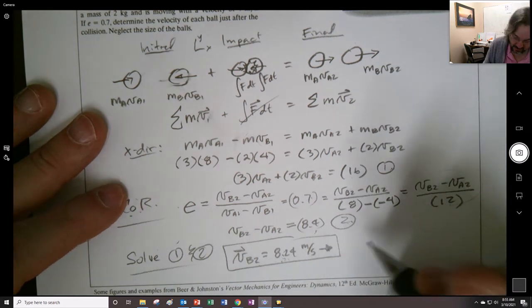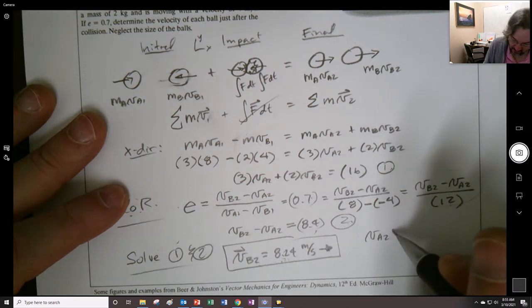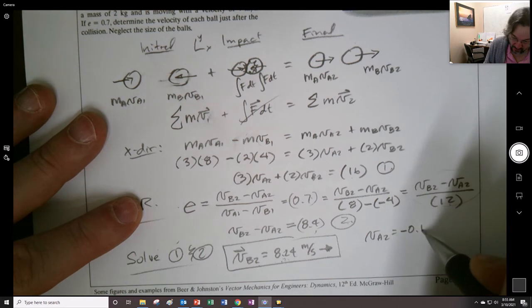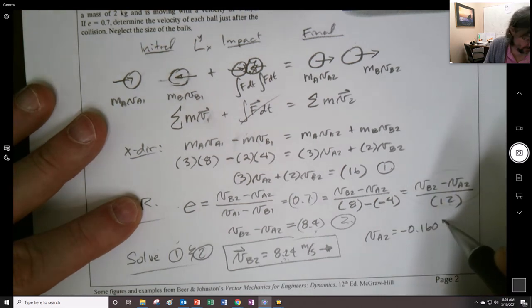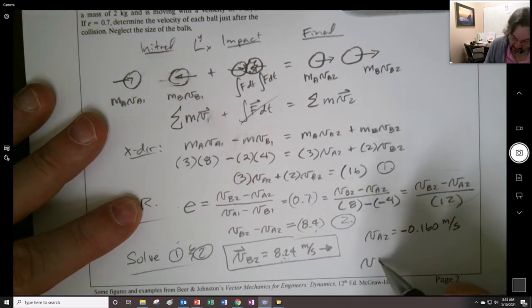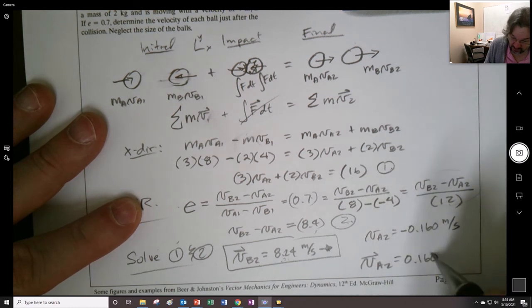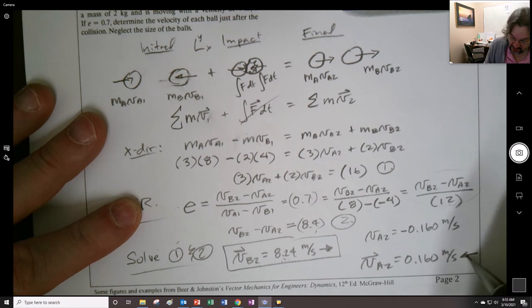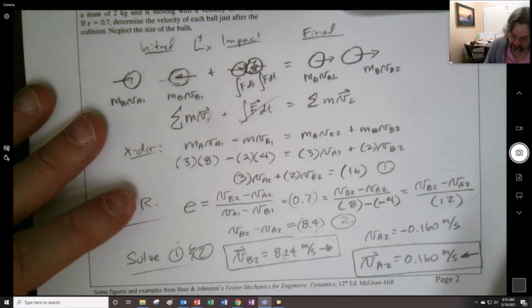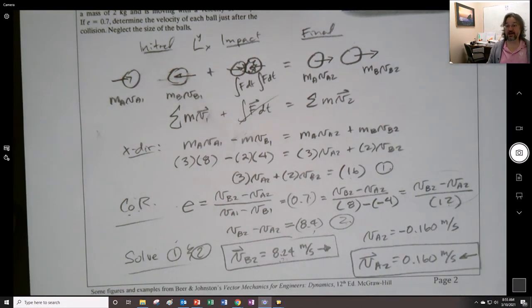And this guy, vA2, we will find is negative 0.16 meters per second. So vA2 is negative 0.160 meters per second. And it does start to bounce backwards, but not by a whole lot, right?